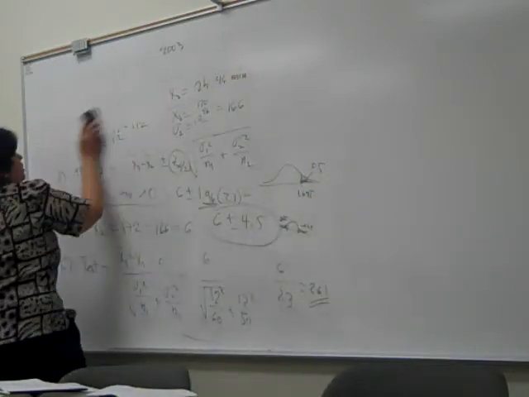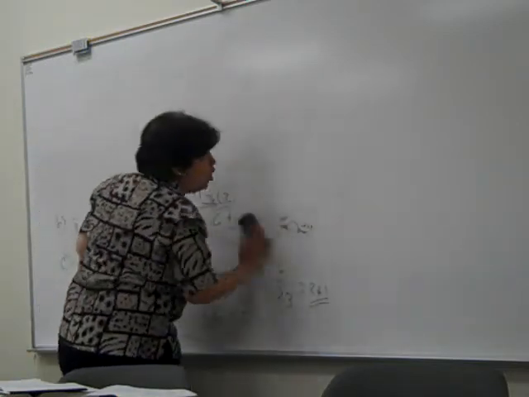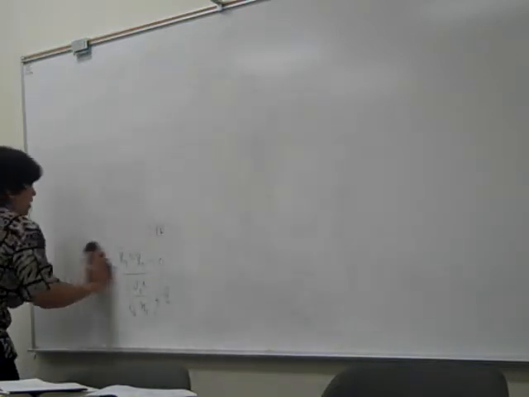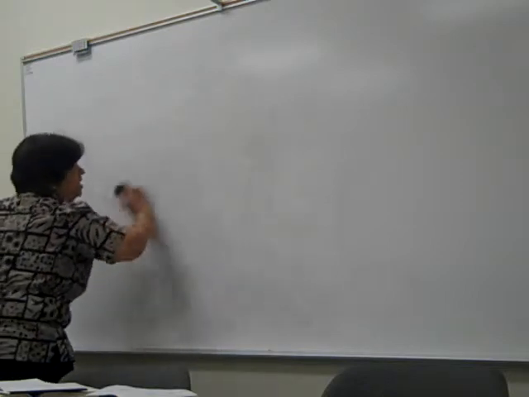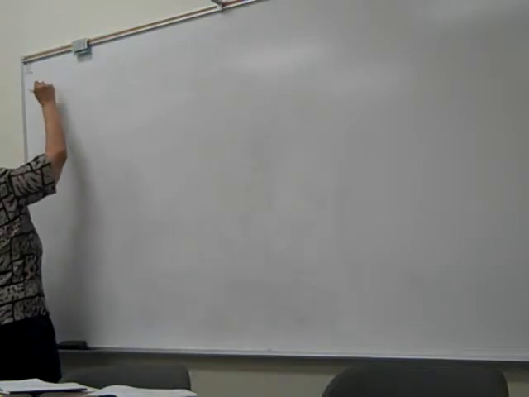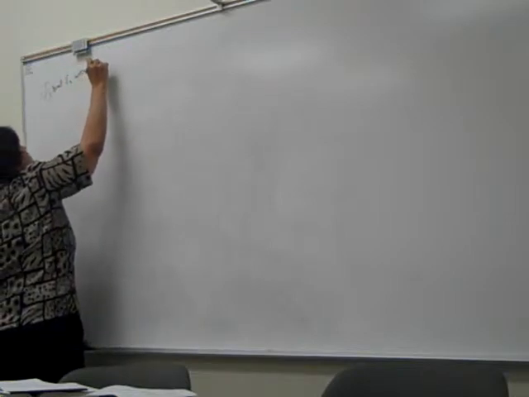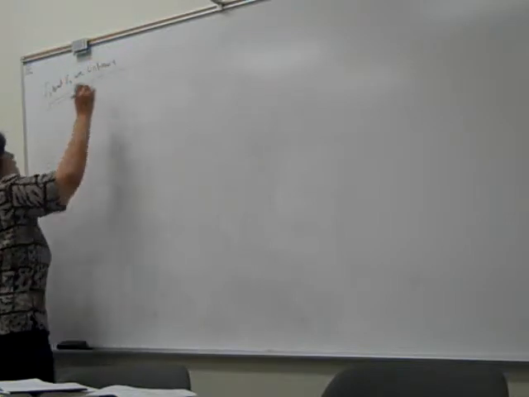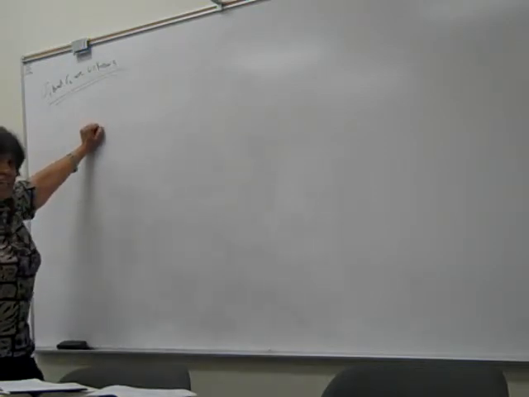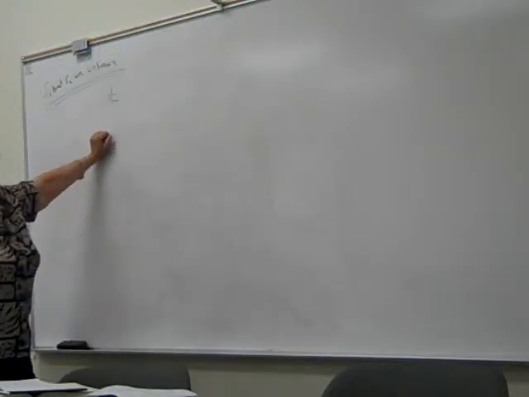The next section is exactly the same thing. However, in this section, we do not have the standard deviations of the populations. We only have the standard deviations of the samples. So sigma 1 and sigma 2 are unknown. It's exactly the same, but instead of using Z, the standard normal distribution, we have to use the t distribution.